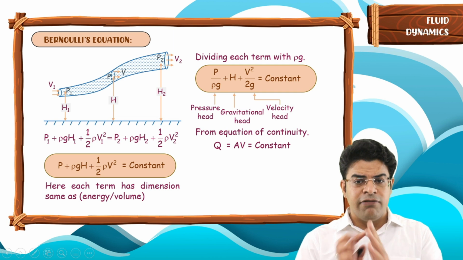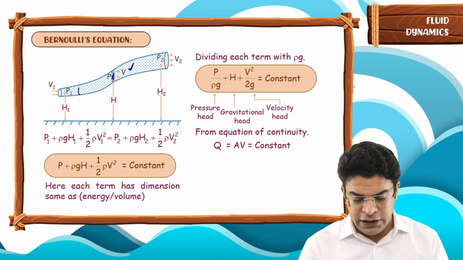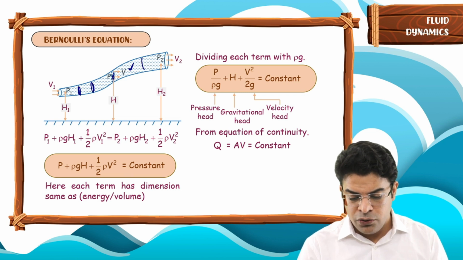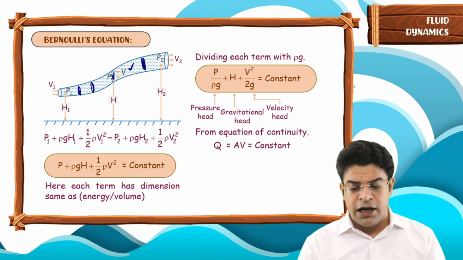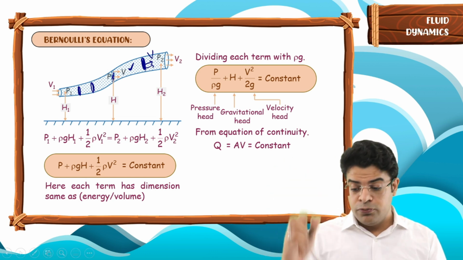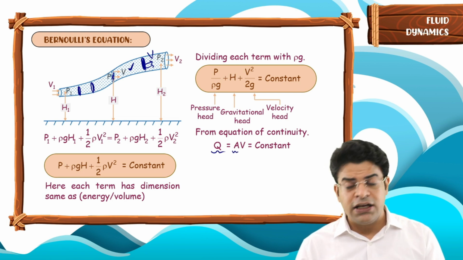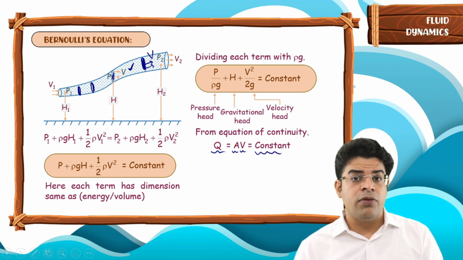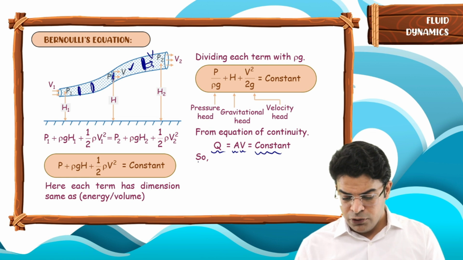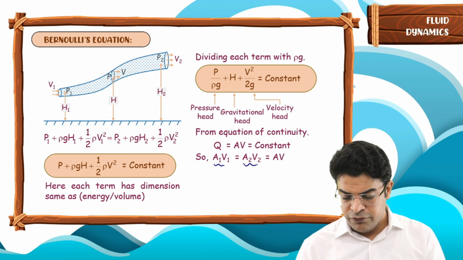For any cross-sectional area, multiply it with the speed of the fluid there, and that remains the same for the entire tube. So A1V1 equals A2V2 equals AV, which is constant. This is from the equation of continuity.